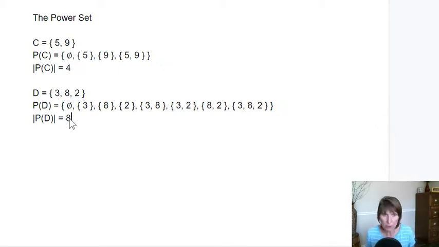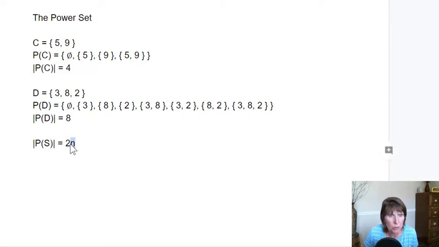And we can double check that we've got all the elements in a power set by identifying that the cardinality of the power set of any set is related to the number of elements. And it equals 2 to the power of the number of elements that it has. So 2 raised to n.